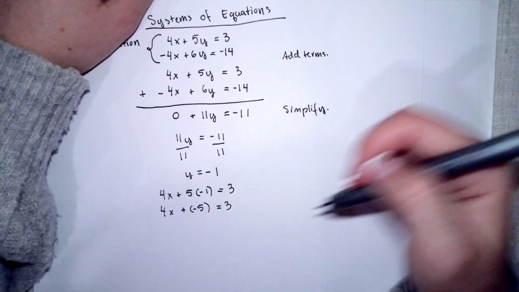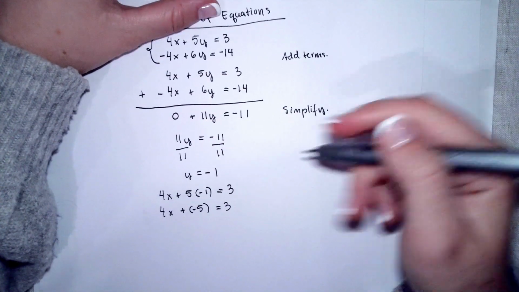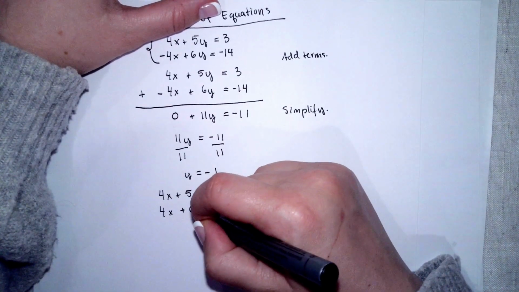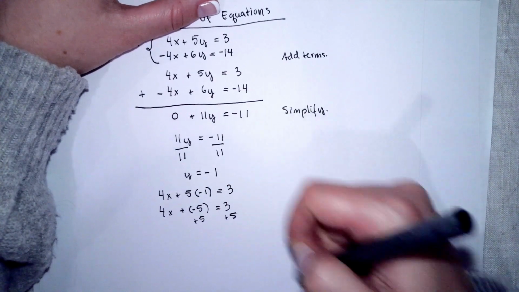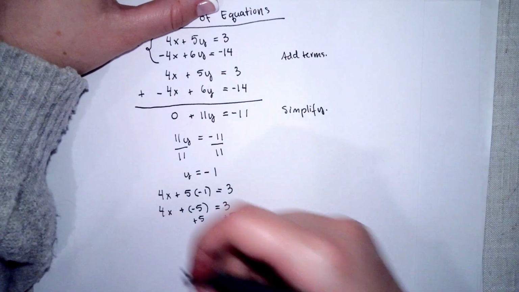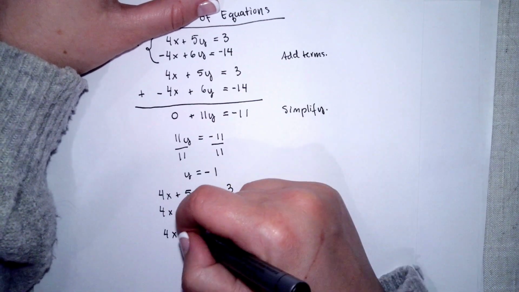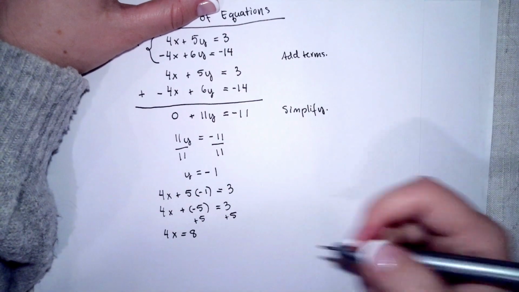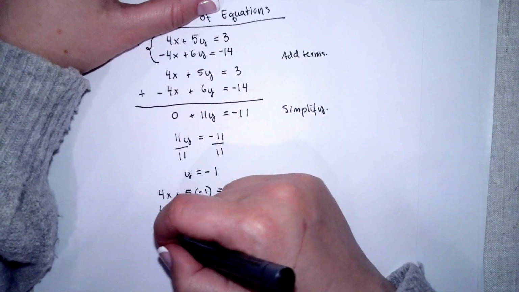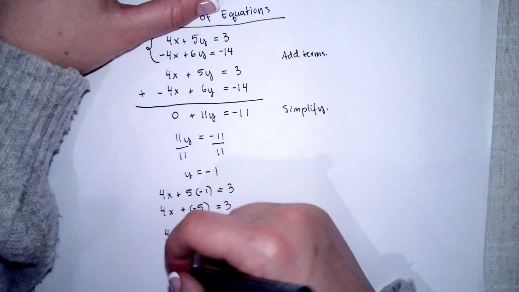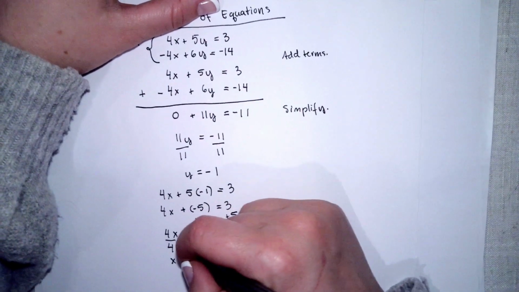Alright, we can't combine these because this has a variable attached to it. So we're going to move this over to the other side here. Add 5 to both sides. And then we get 4x is equal to 8. And then we're just going to divide by 4 to isolate that x. And we're going to get x equals 2.